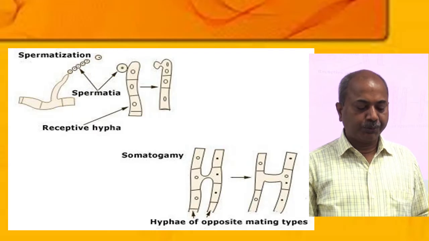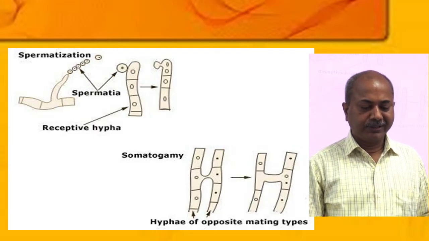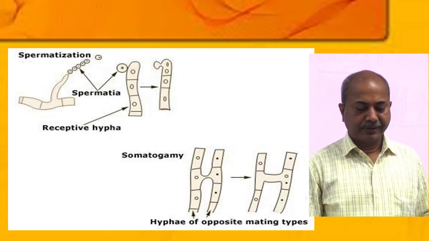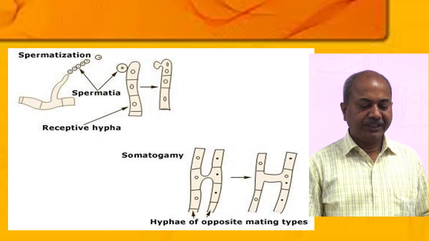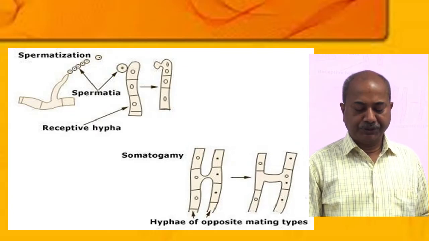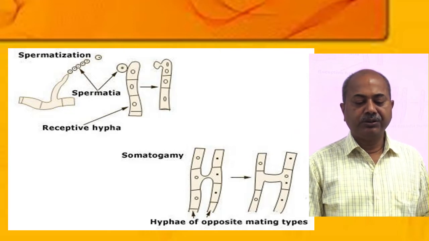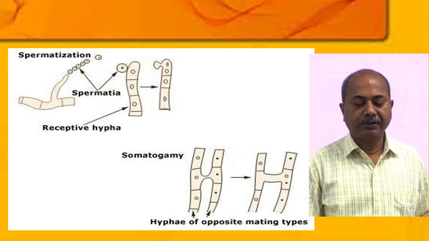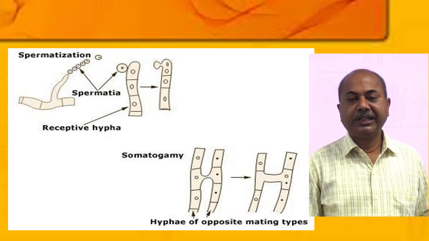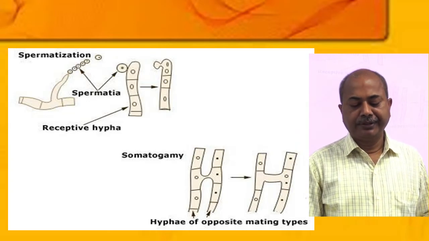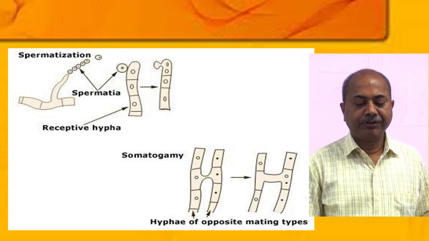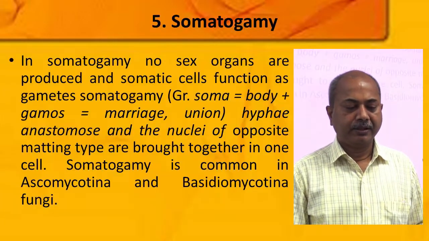While in the case of somatogamy, which we will be discussing, it is the mating of hyphae of opposite types. And here also the nucleus passes into the negative strain and as a result dikaryotization occurs.